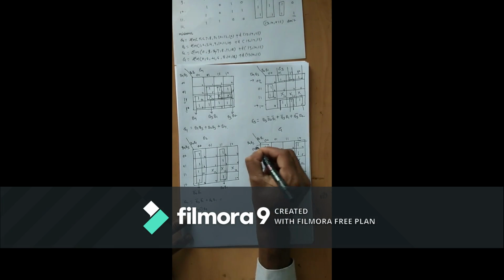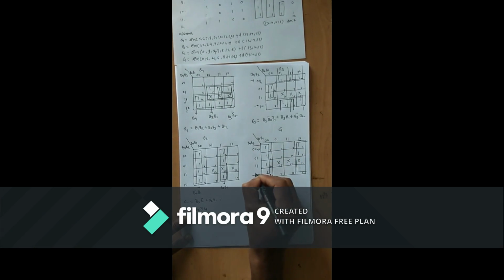For this we have to consider this row as well as this row. From this we can take B3 complement as a common one, and from this we can take B1 complement as a common term.